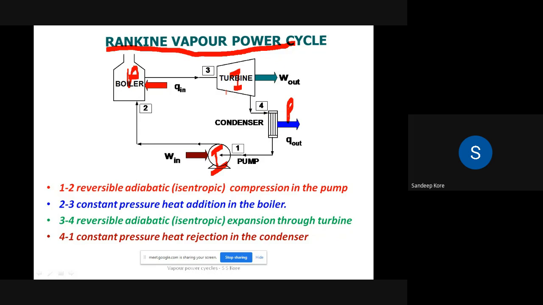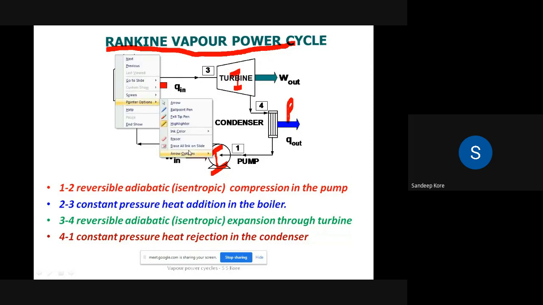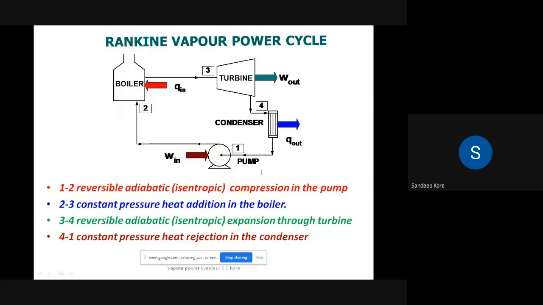So we are getting the work output from turbine, and we have to supply the work input to a pump. In turbine and pump, there is no heat transfer. In boiler and condenser, there is a heat transfer going to take place. So these are the 4 processes involved, and these are the 4 components involved in the vapor power cycle.